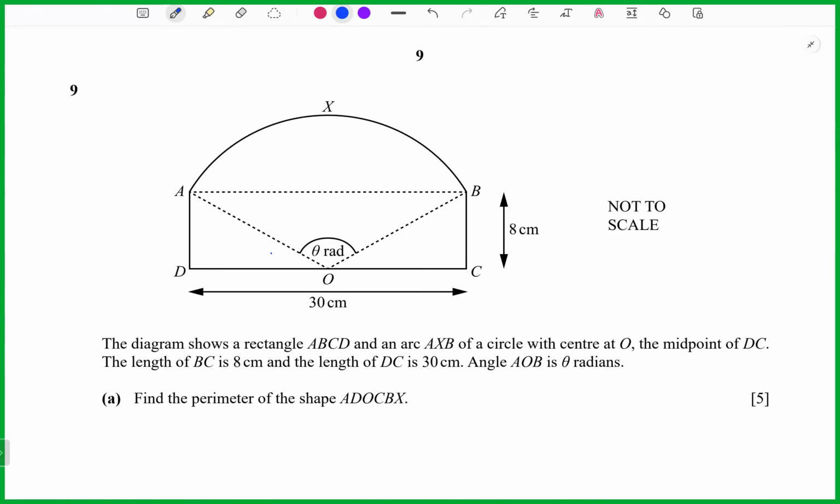The length AB is 8 cm and the length of BC is 13 cm. Angle AOB is theta radians. Find the perimeter of the shape ABOCBX. It means you need to find the perimeter, including these arcs.